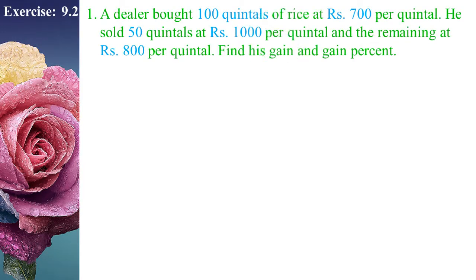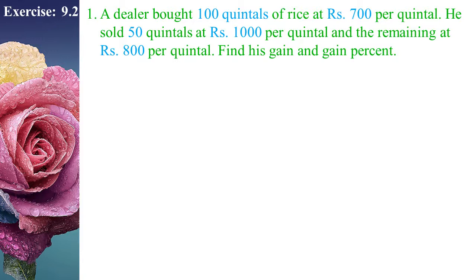Let's see an exercise problem. A dealer bought 100 quintals of rice at rupees 700 per quintal. He sold 50 quintals at rupees 1000 per quintal and the remaining at rupees 800 per quintal. Find his gain and gain percent.